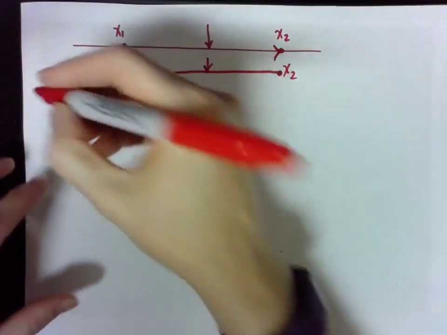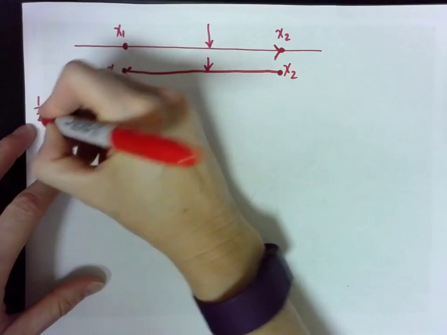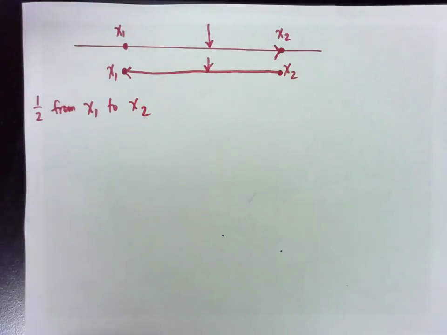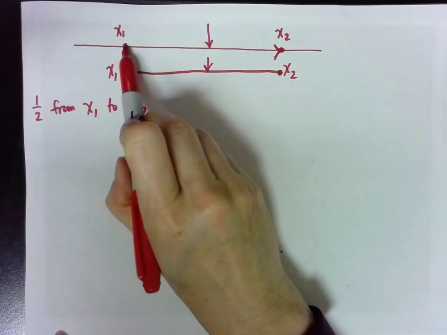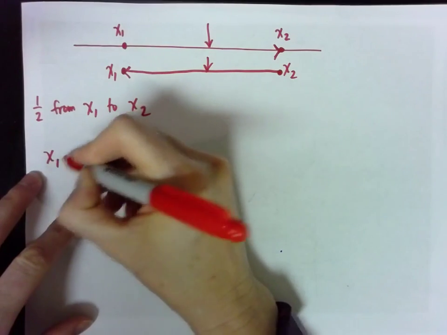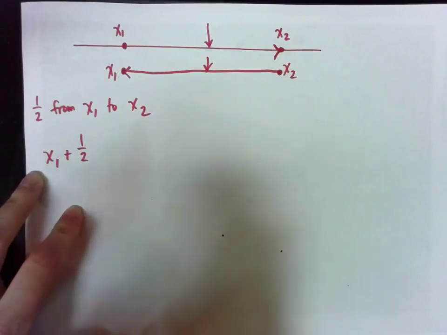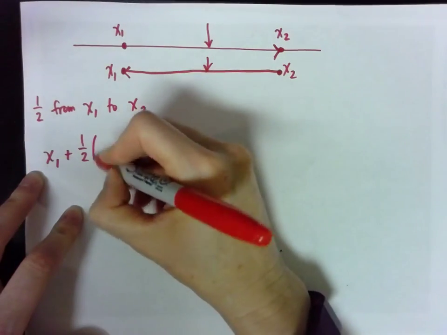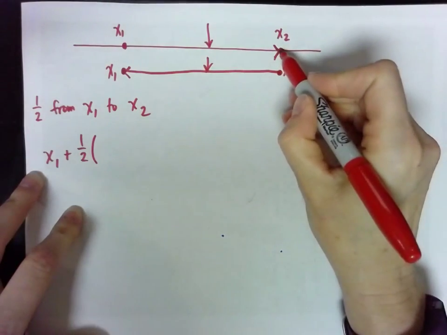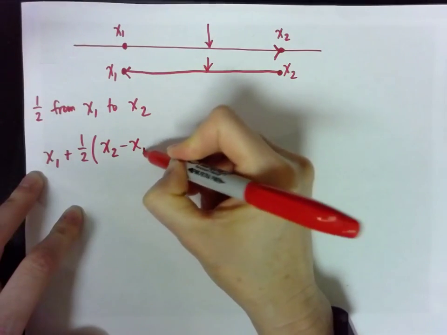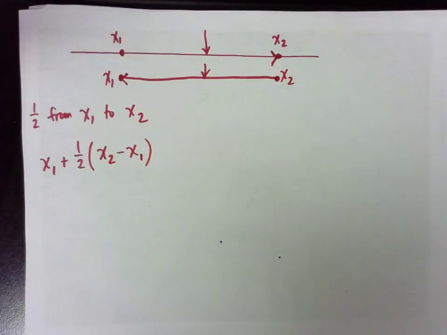So first of all, let's look at halfway from x1 to x2. We would start at our initial point, which is x1, and we would add on half the distance from x1 to x2. The way that we find that distance is we take the terminal point, x2, and subtract the initial point, x1. And that should give us the point that's exactly between x1 and x2.